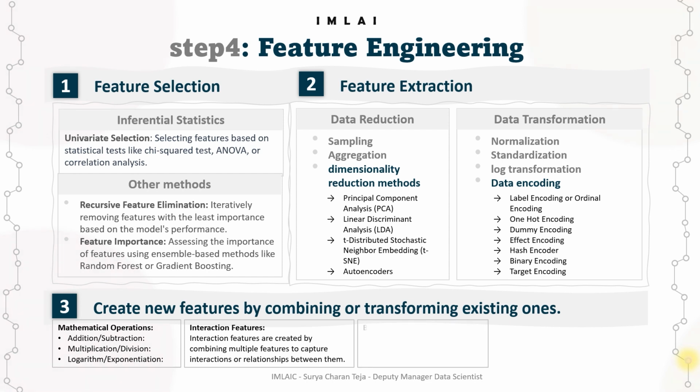And the next one is binning or discretization. Binning involves dividing a continuous feature or continuous variable into discrete bins or intervals. It can be useful when there is a non-linear or non-monotonic relationship between the feature and the target variable.